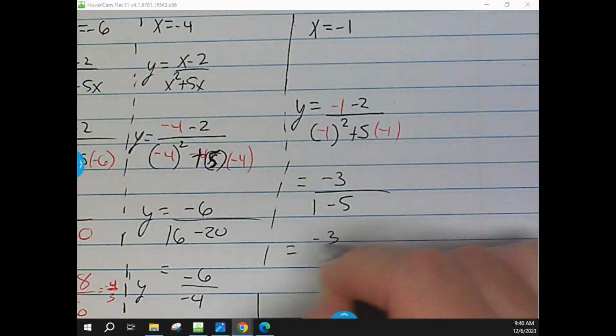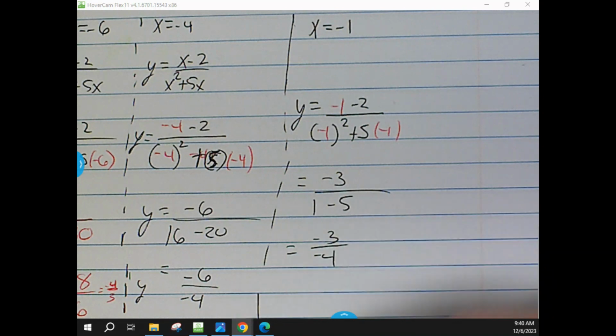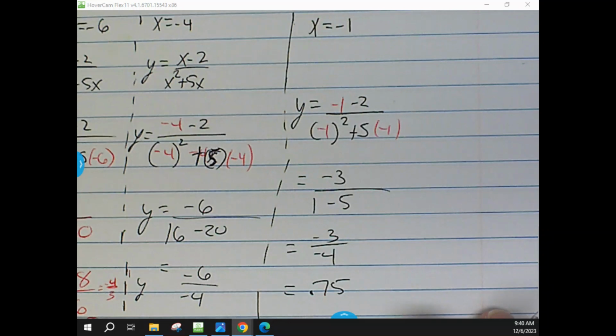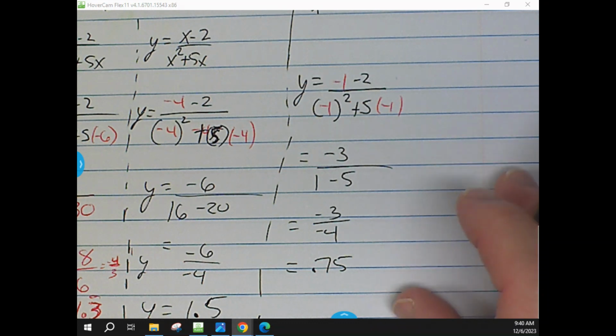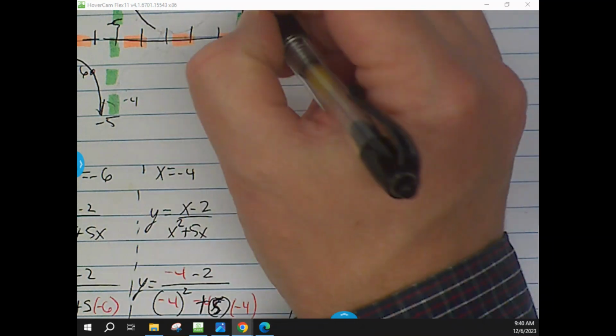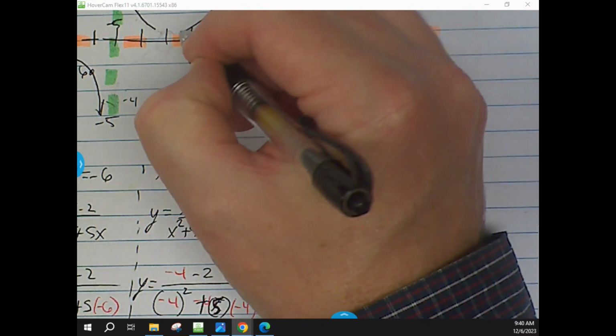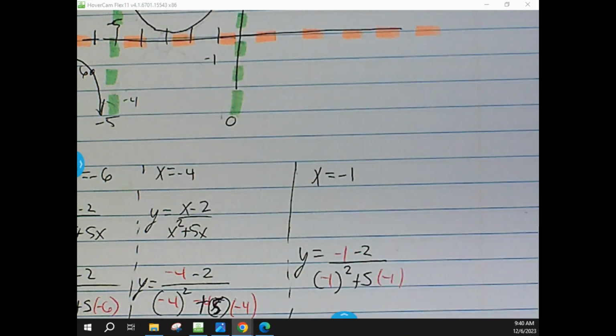It's -3 over -4. It's not very big, but it's still positive, so that's 0.75. So our y value is positive, which gave us the number we were looking for. This thing will be on that same side of the graph that we were looking at.